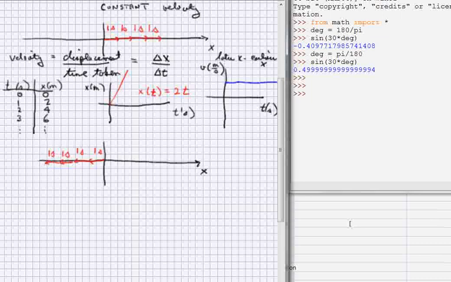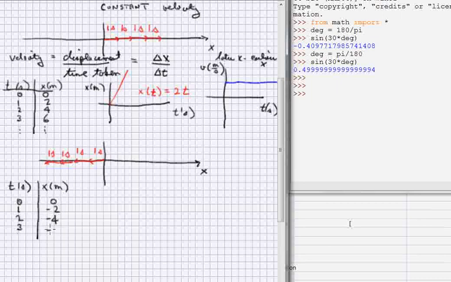And so for this particular example, if I make an analogous table, time in seconds and x in meters, the table will look like this. At time 0, I'm at position 0. At time 1, I'm at position -2. At time 2, I'm at position -4.